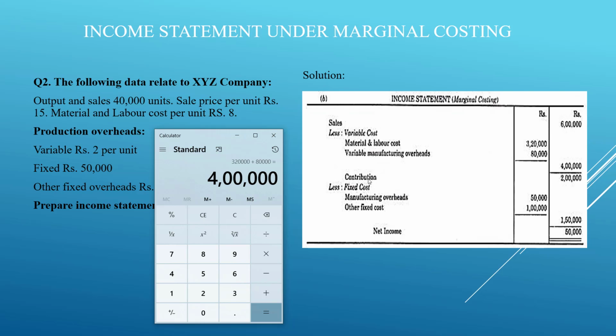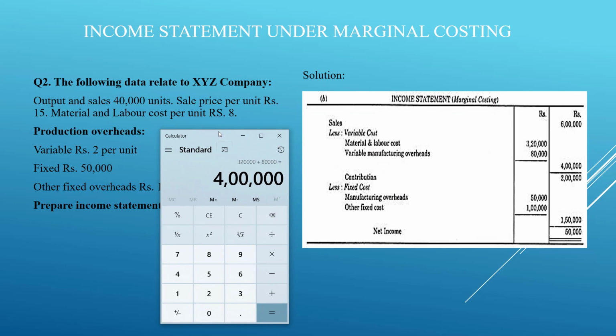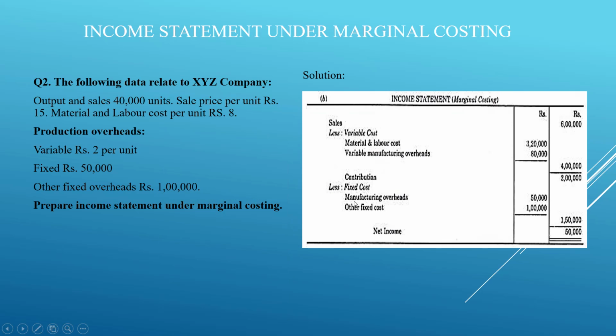Now from this contribution, to find out the net profit, what do we have to do? We have to minus the fixed cost. Now what are the fixed costs given here? Fixed cost for manufacturing overhead, this is production overhead, right? It is given here as fixed rupees 50,000, so directly write 50,000 here. We don't have to calculate anything now.